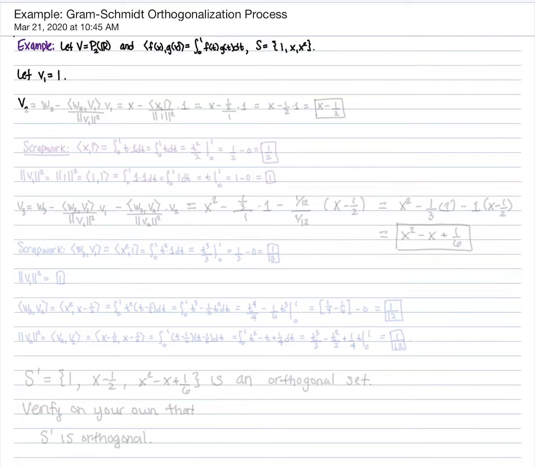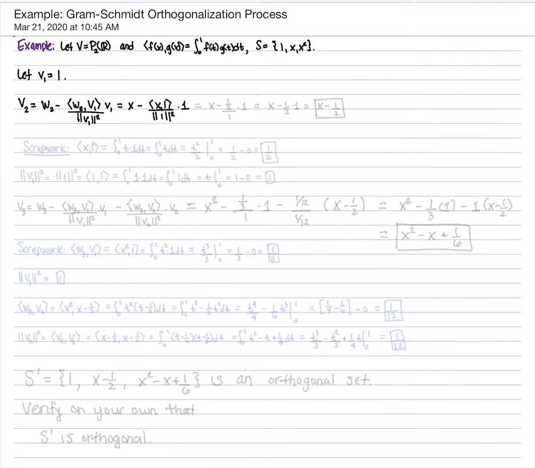And V2 is therefore W2 minus the inner product of W2 with V1 over the length of V1 squared times V1. And this will give us W2, which is x, minus the inner product of x with 1 over the length of 1 squared times the polynomial 1.